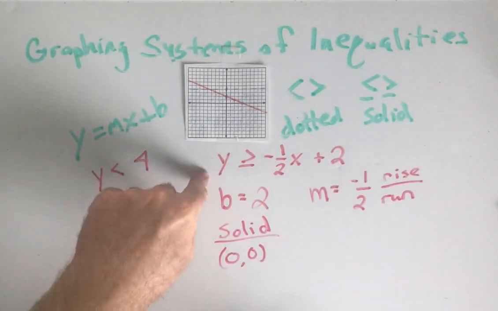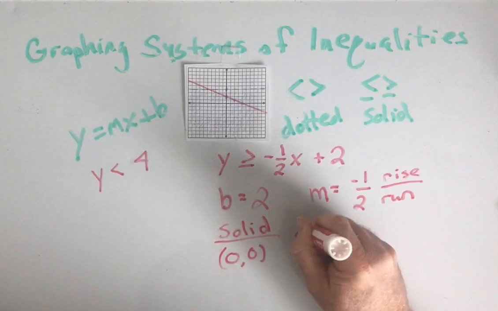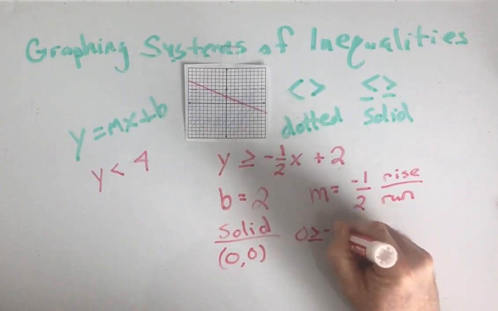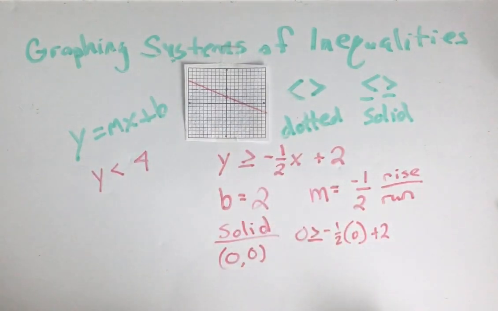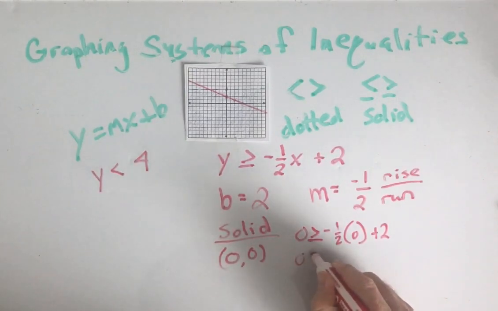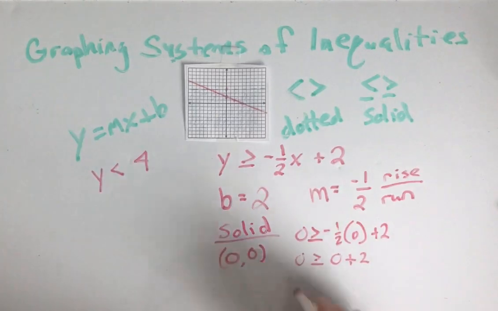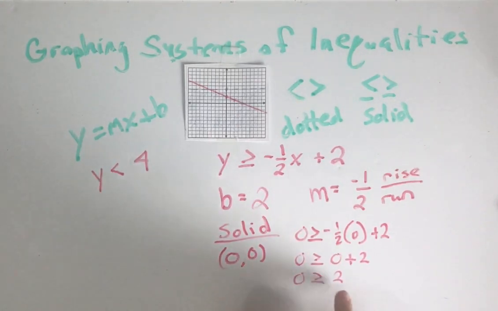So let's plug 0, 0 into this and see if it's true. So that'll be 0 is greater than or equal to negative 1/2 of 0 plus 2. Okay? So let's see if that works. 0 is greater than or equal to 0 plus 2. Well, 0 is greater than or equal to 2. Is 0 greater than or equal to 2?